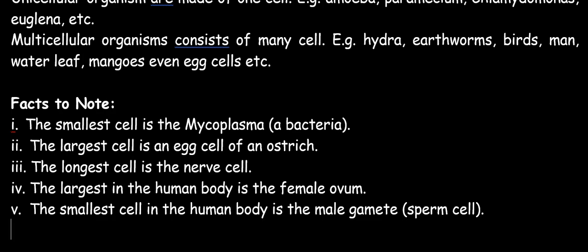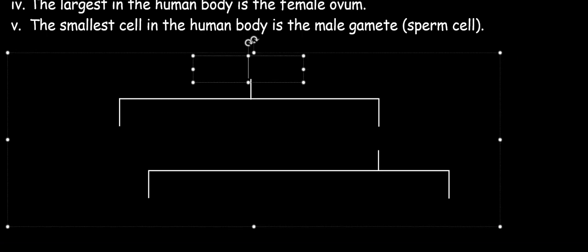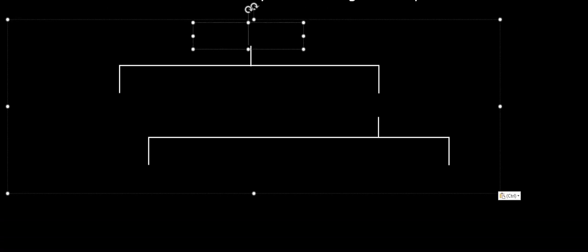I will be further illustrating this in a flow chart, in a diagram. So now we have the cell which we are talking about, which consists of two components.